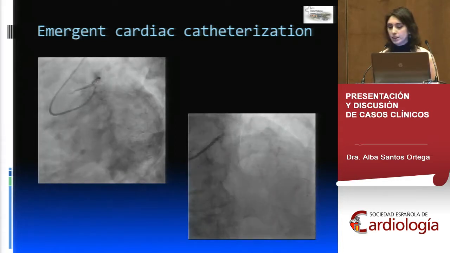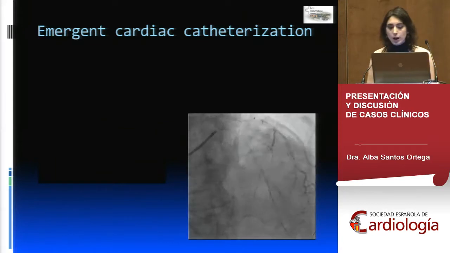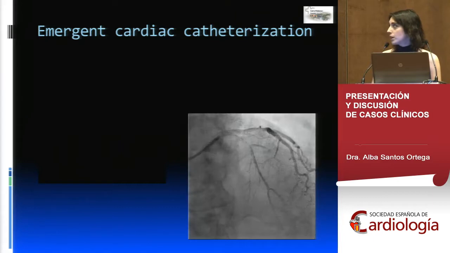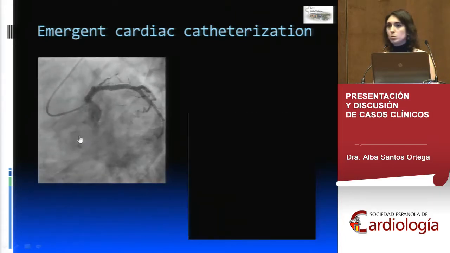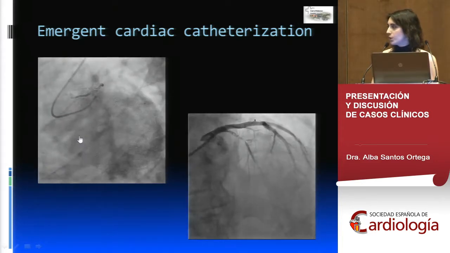So, as expected, we performed an emergent cardiac catheterization, and following the normal clinical practice in our hospital, we first try to visualize the artery that we didn't expect to be the culprit one.